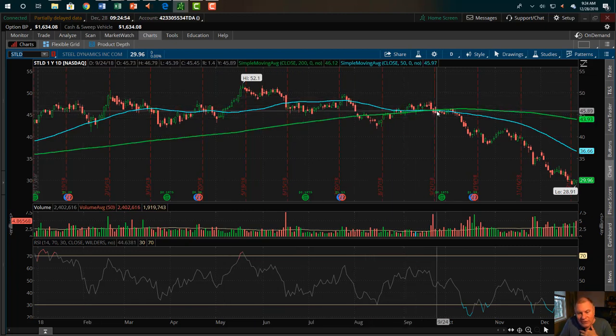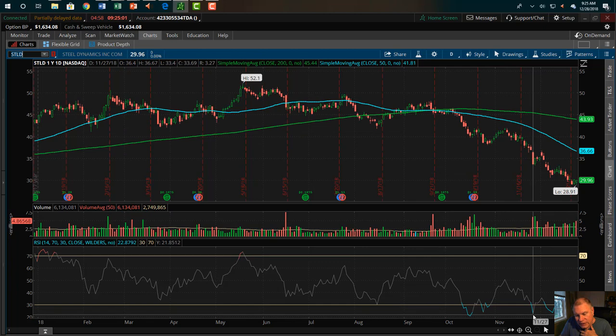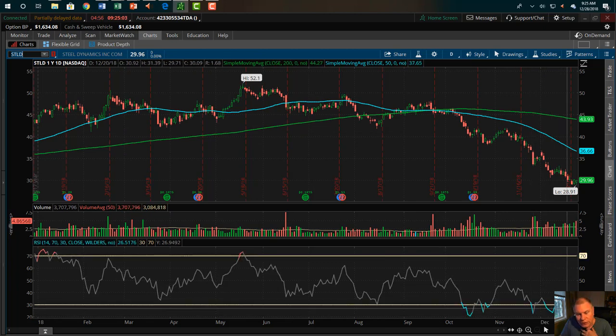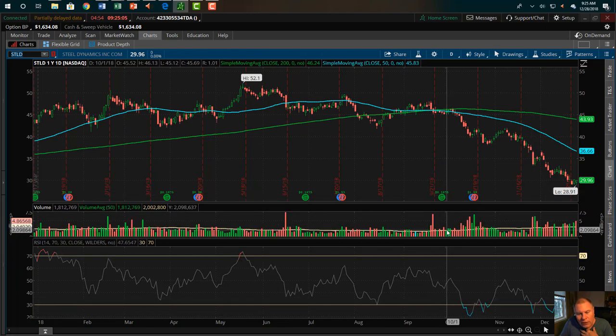And since we've gotten to about 921, we've seen a dramatic sell-off. And it is indicating that it's an oversold condition. The volume is much higher, and we can also see it's trading above its average line.